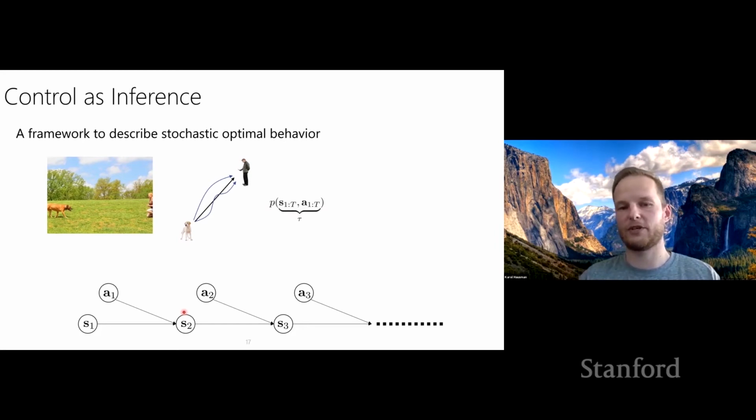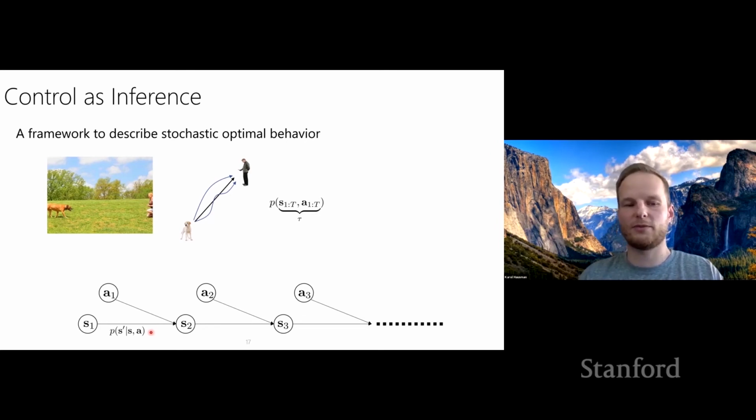We will now represent the joint probability distribution of all the states and actions as P of tau. So tau represents a trajectory, and this is a probability distribution over trajectories. What we assume here is that we have the transition model P of S prime given S comma A, so we know how the dynamics propagate.